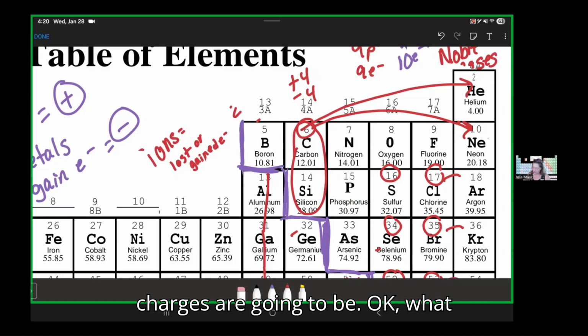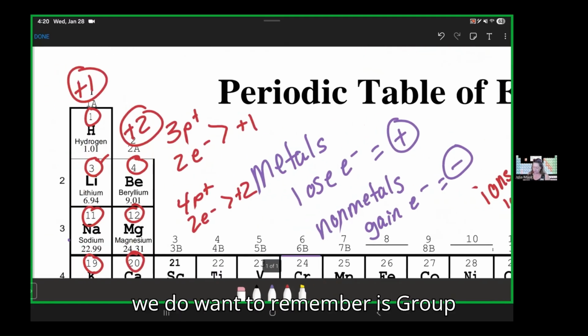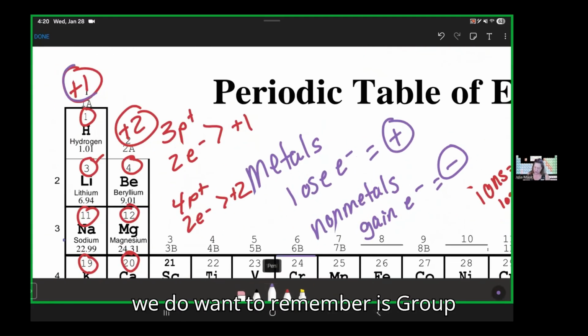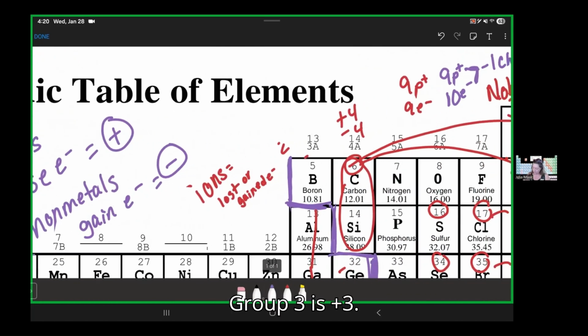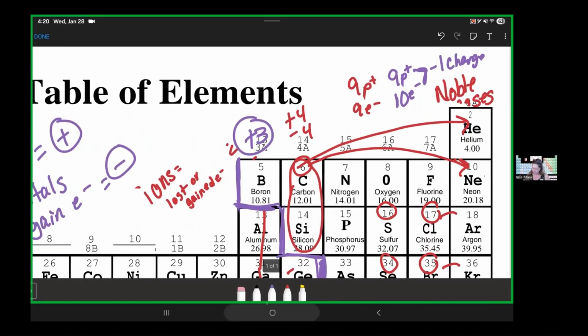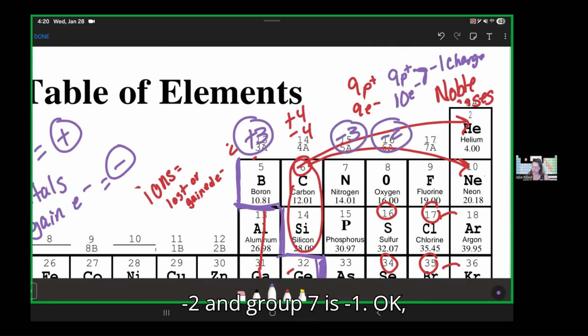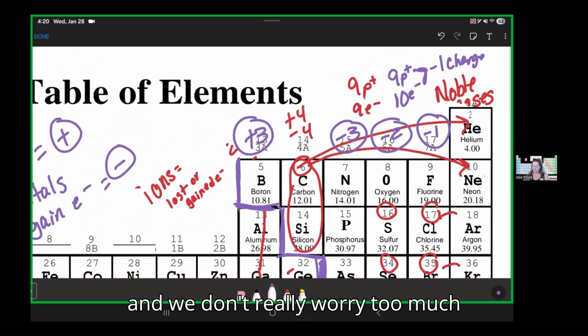Okay, so we don't really worry about group 4 and what their charges are going to be. What we do want to remember is group 1 is +1, group 2 is +2, group 3 is +3, group 5 is -3. Group 6 is -2. And group 7 is -1.